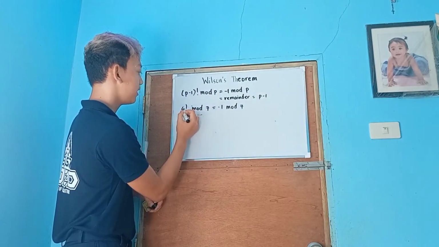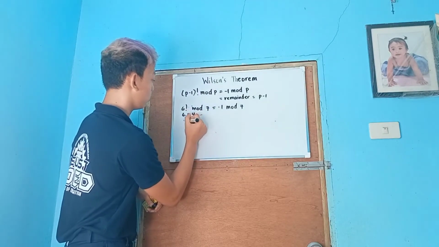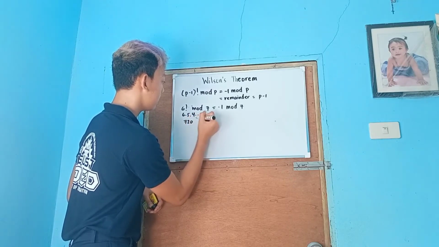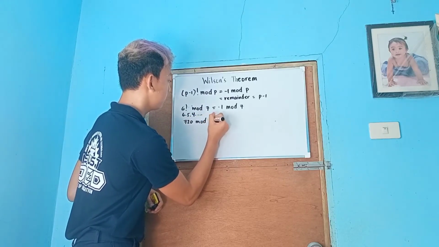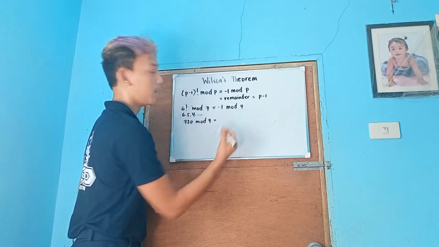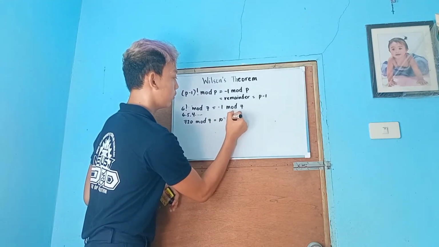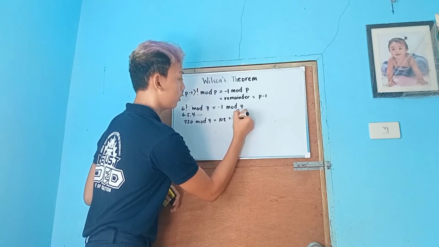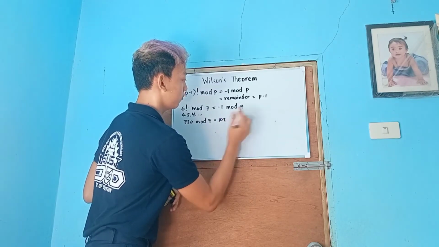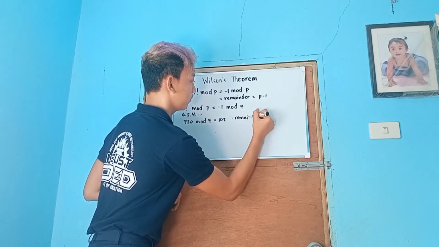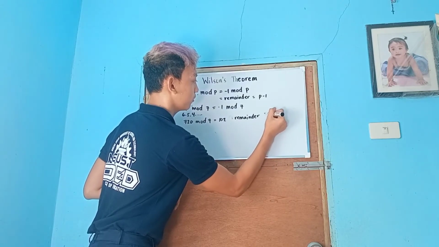So, the 6 factorial is equal to 720 mod 7, which equals a remainder of 6.